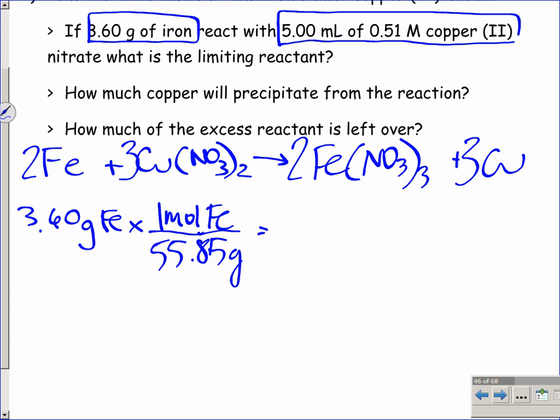It kind of helps me know you're hanging in for the long run. You guys just had a calculator, so it should be ready. 0.064458. It's not that I don't want to round, it's just I'm not going to round yet. I want to make sure we're not having a rounding error in between. So that's moles of iron.